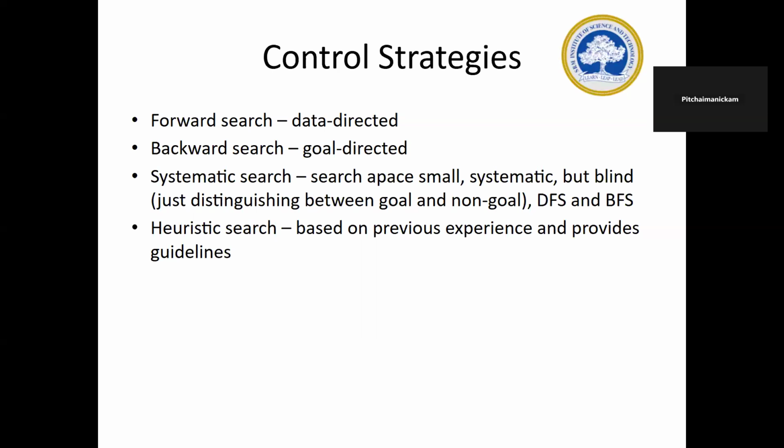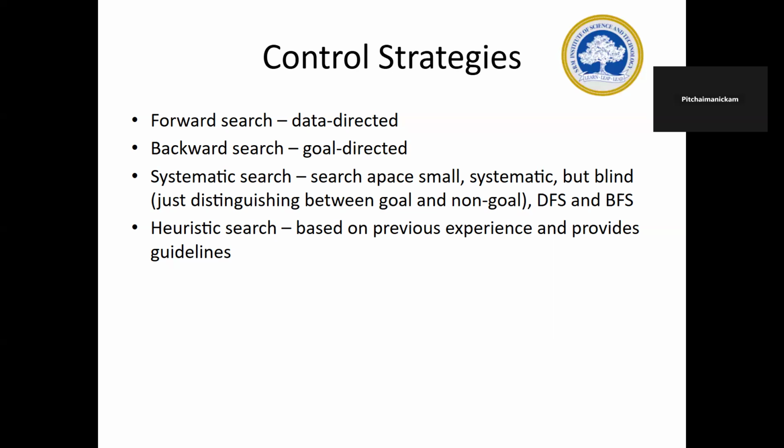So what is the role of this? The backward search is a goal-oriented approach. Goal-oriented means we start from the goal state, and from this state, based on the information or the search process, we are able to reach the initial state. So this is called the backward search.